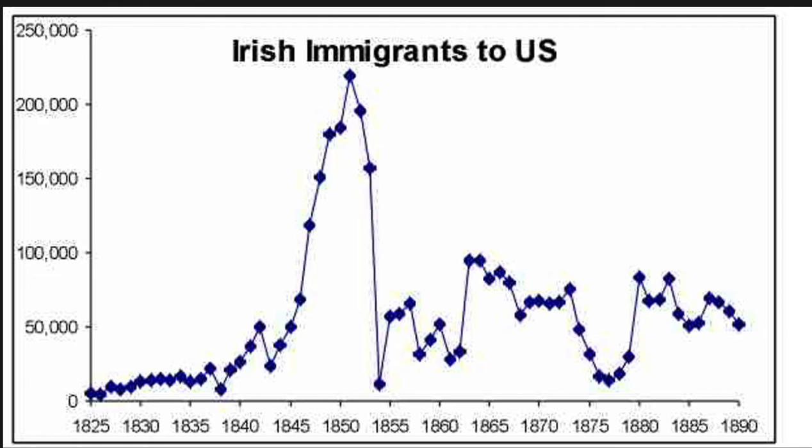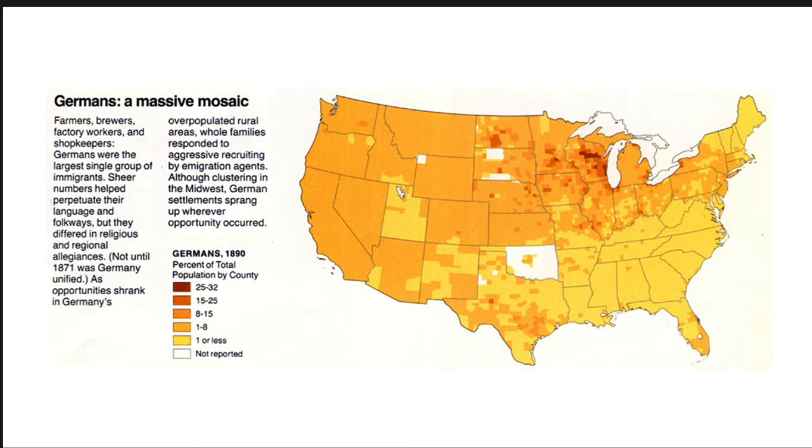But they are not the only immigrants coming to the United States at this time. Another group are the Germans. Germans began to migrate to the United States between 1830 and 1860 as well. Much less spectacular than from Ireland, but about 1.5 million Germans came to America.